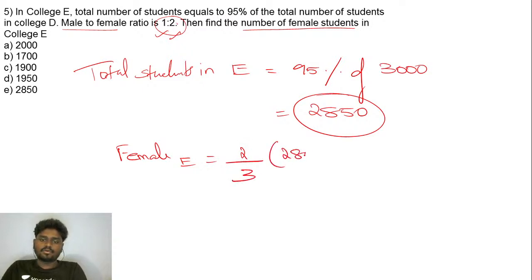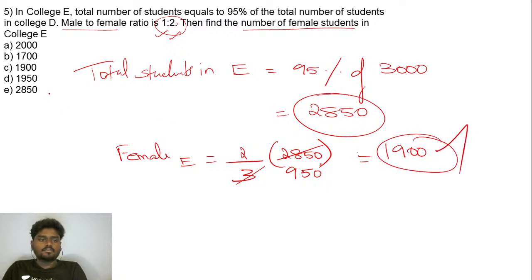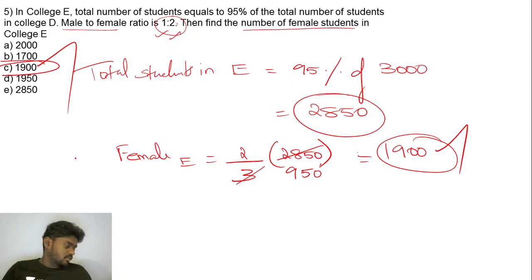So it's going to give you 2 out of 3 of the 2,850 students in college E. If you simplify this, this will give you 9 times 27 and 5 times 950. So this is going to give you 1900. So the answer for this question is option C. 1900 is exactly the total number of female students in college E.